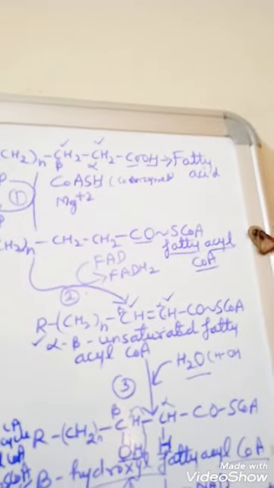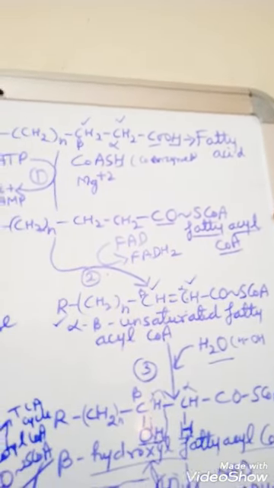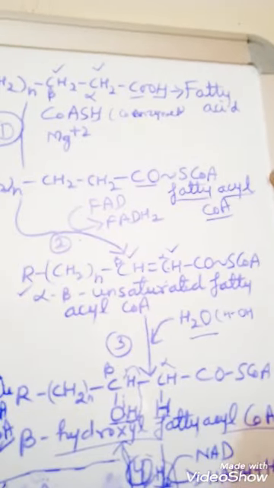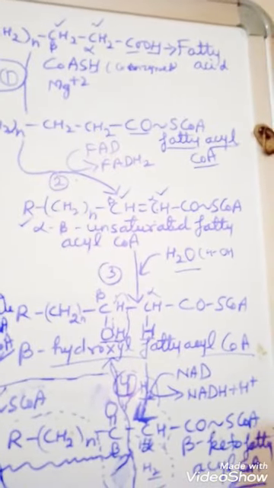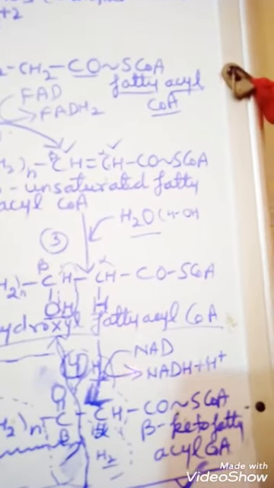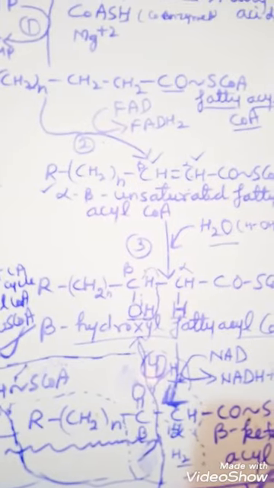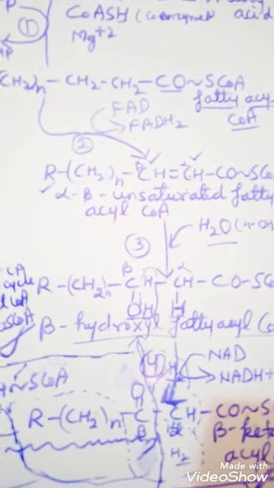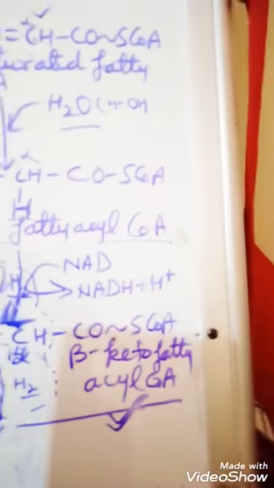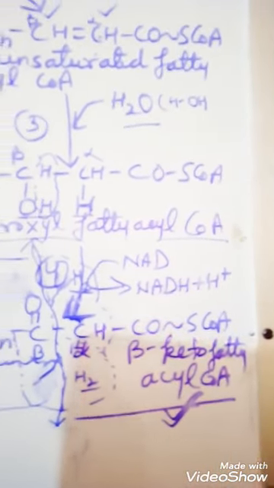The fatty acid is first converted into fatty acyl coenzyme A, and this is converted into the alpha beta unsaturated fatty acyl coenzyme A derivative, and after step 3 this is converted into beta hydroxyl fatty acyl coenzyme A, which, as we could see in the figure, is converted into the beta keto fatty acyl coenzyme A derivative.